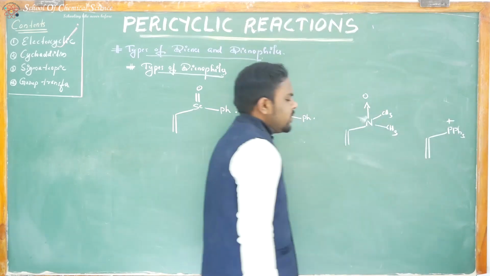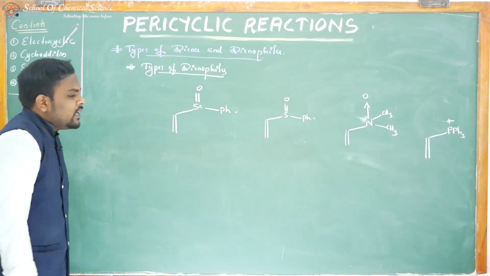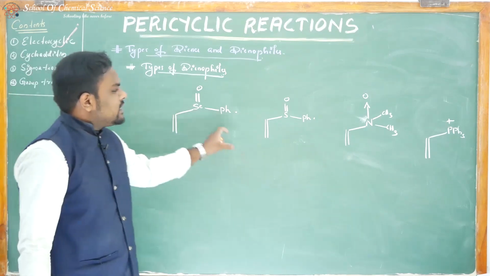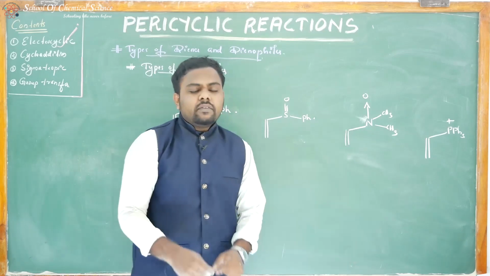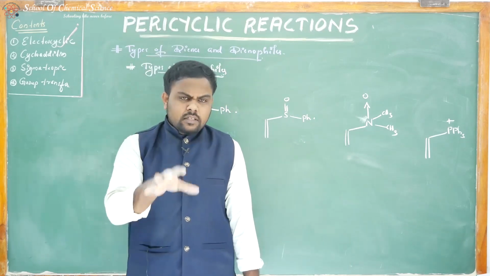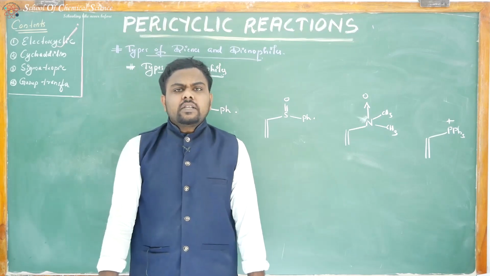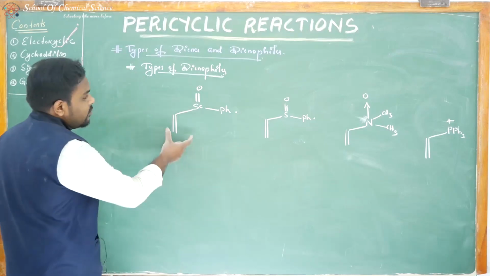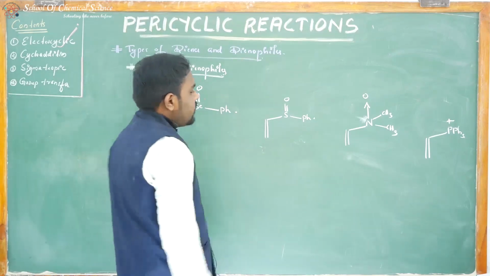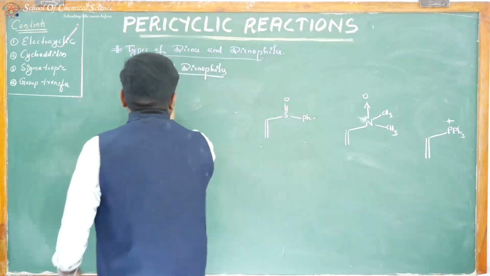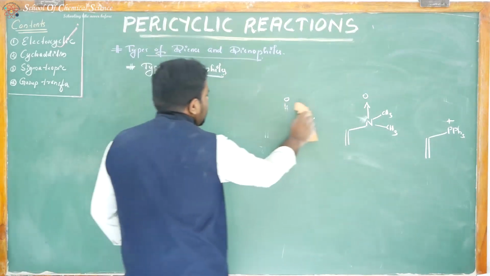All these are examples of special dienophiles. This selenium oxide, sulfur oxide, nitrogen oxide we will discuss in pyrolytic syn elimination, in that lecture. There we have to discuss selenium oxide, sulfur oxide, nitrogen oxide, etc. So that is special dienophiles.